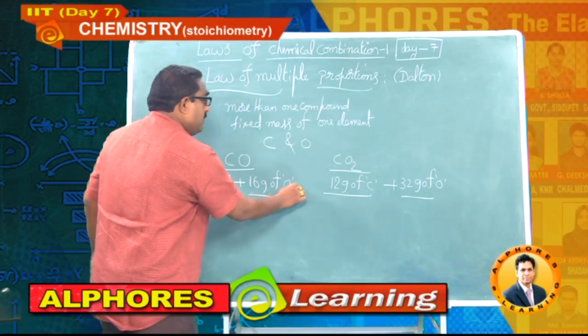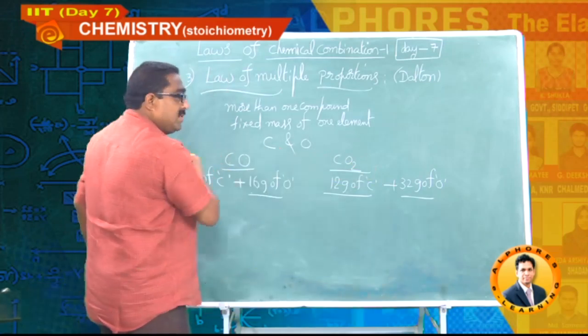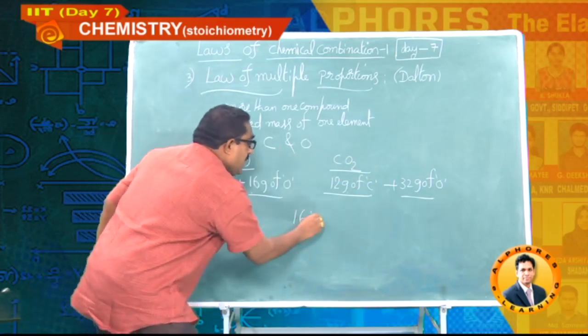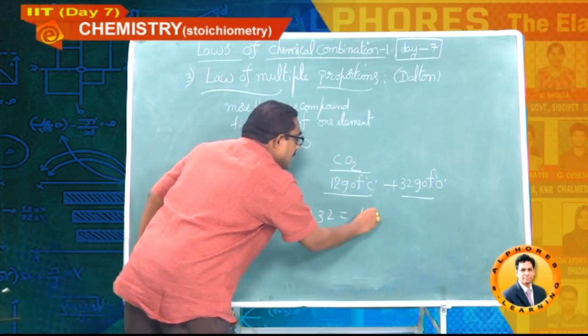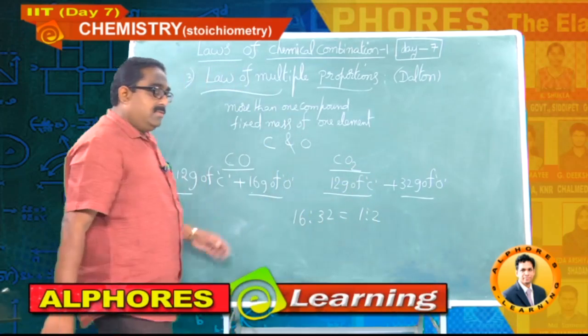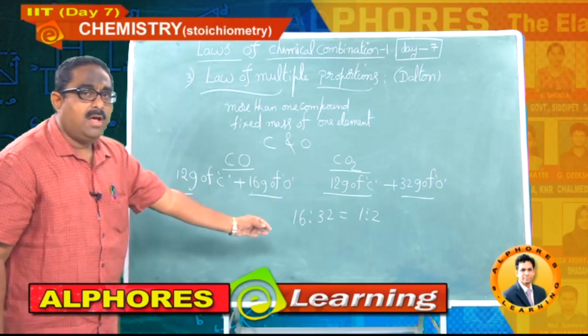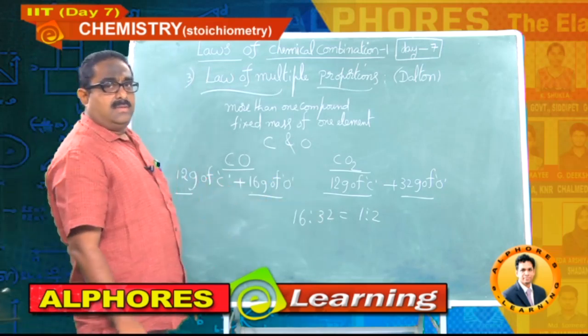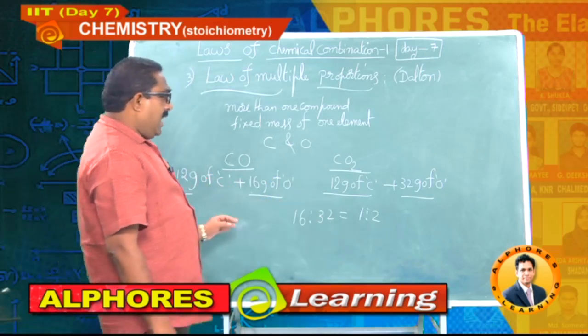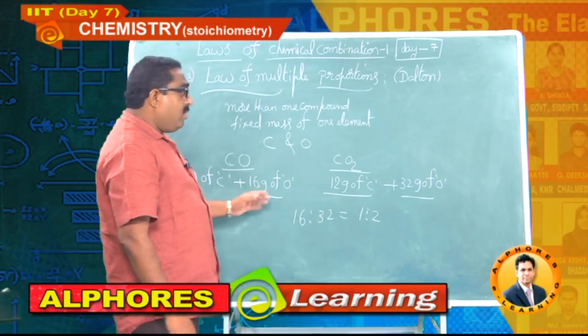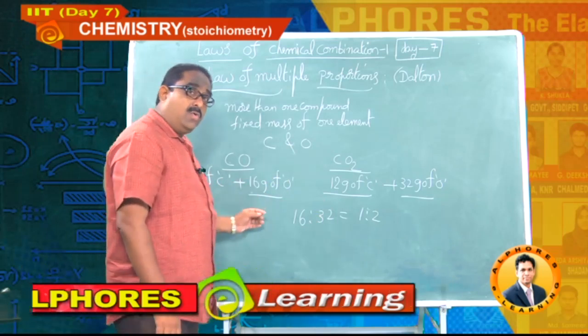Here the ratio of oxygen combined in these two compounds with carbon is 16:32, that is 1:2, in the simple ratio. Okay, students, I will go for another two examples.